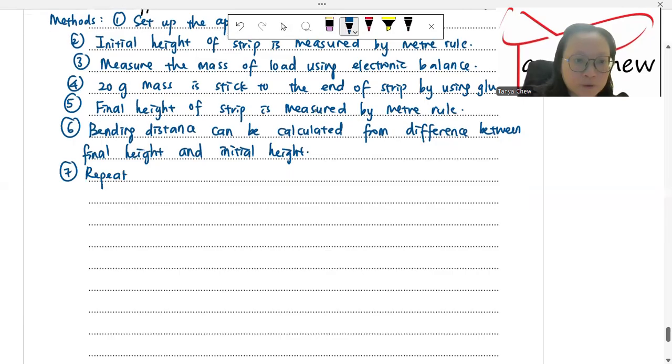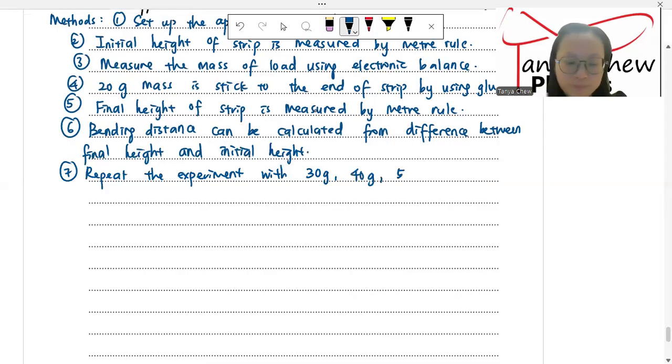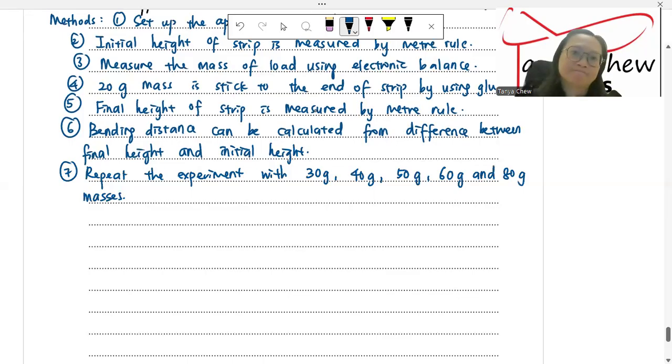Repeat the experiment with maybe 30 gram, 40 gram, 50 gram, 60 gram, and 80 gram masses, right? So I'm done with that method.